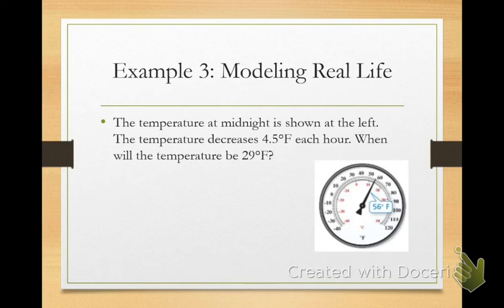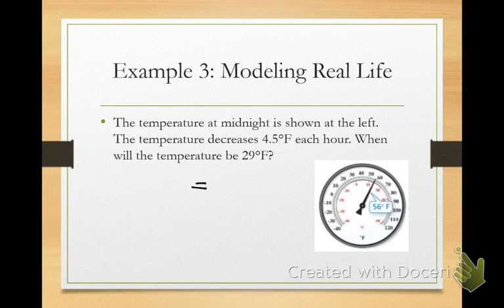Now, this one's a little trickier, okay? Now, you are setting up an equation. You need to start with an equal sign. You still need some kind of a final or a total amount. I need you to think about this.